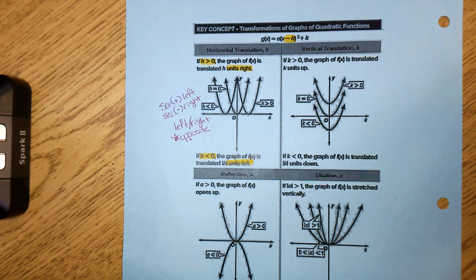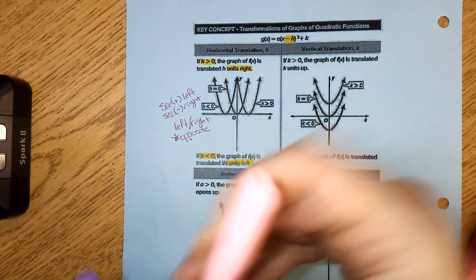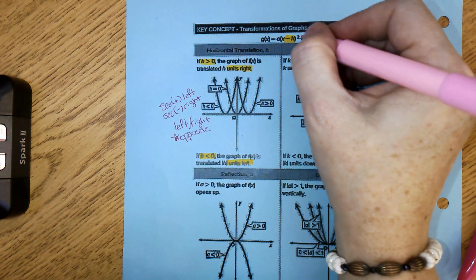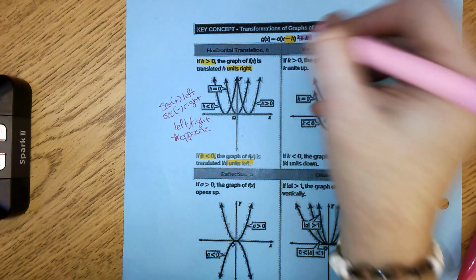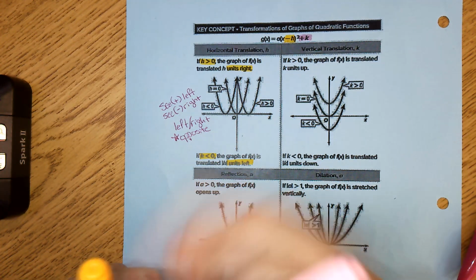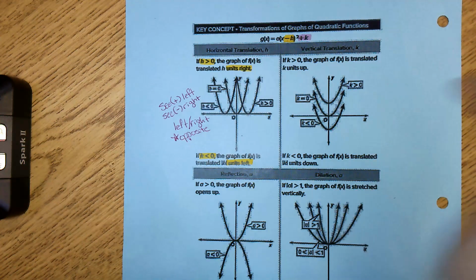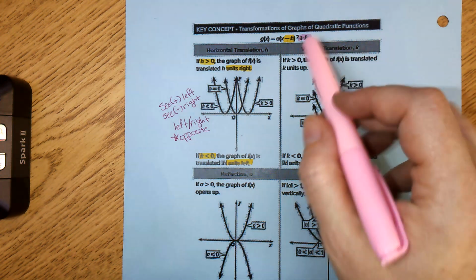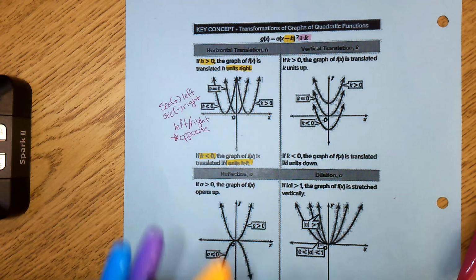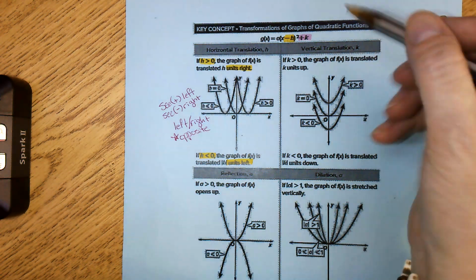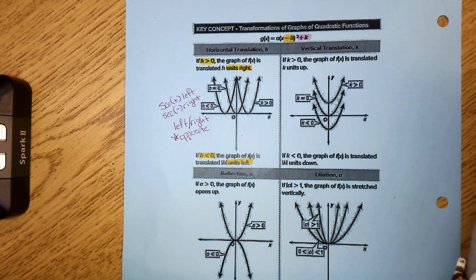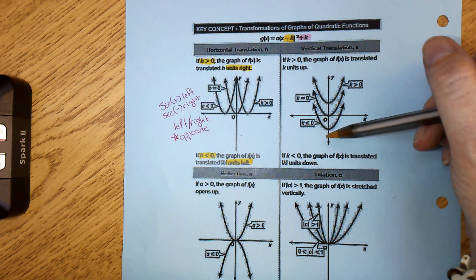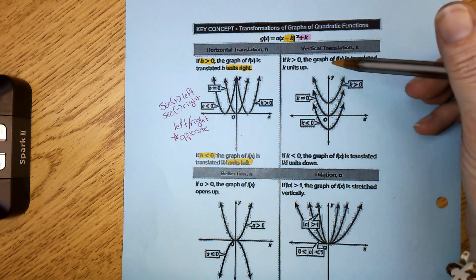Next up, I'm going to deal with our k. Our k is outside of the parentheses, and you'll notice there's a sign in front of it. Sometimes this may be in front of the x, but there'll be a sign between them to signify that it's a k and not an a or a b. This is a vertical translation, since it is outside my parentheses. It affects the y, so it goes up, down.